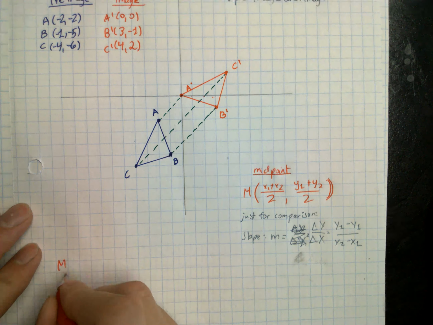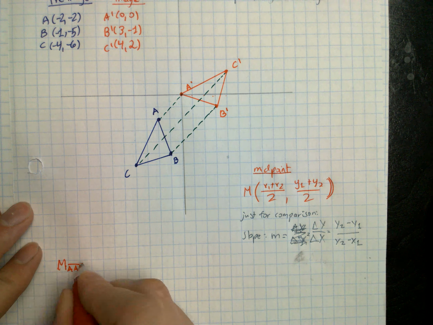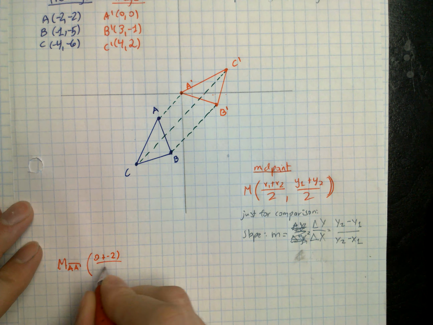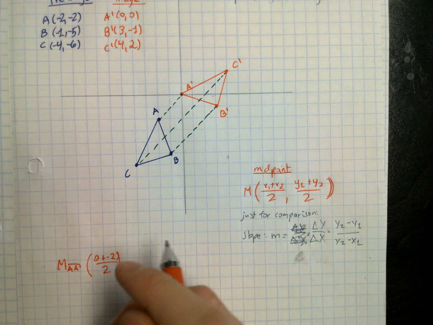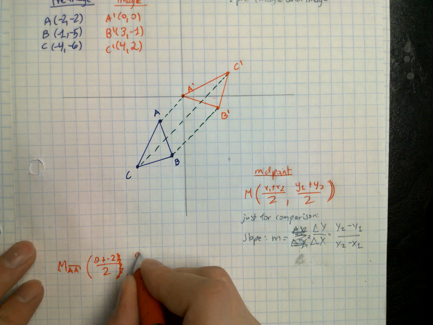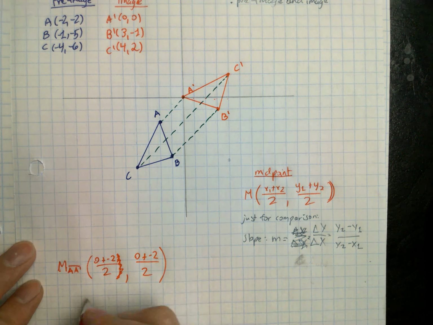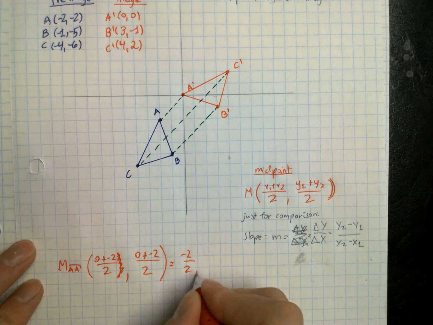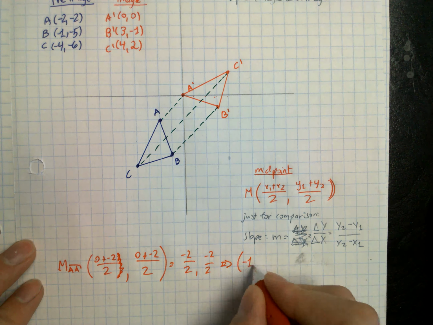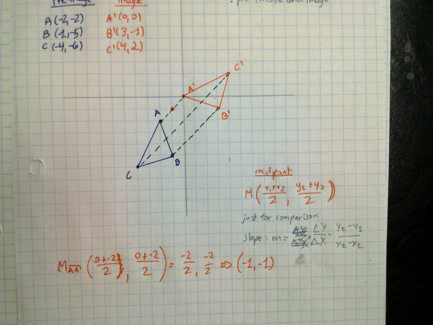So we know that the midpoint of A and A prime would be 0 plus negative 2 over 2, comma, and then 0 plus negative 2 over 2. Naturally, that gives me negative 2 over 2 for both, which gives me what? Negative 1, which is right there.